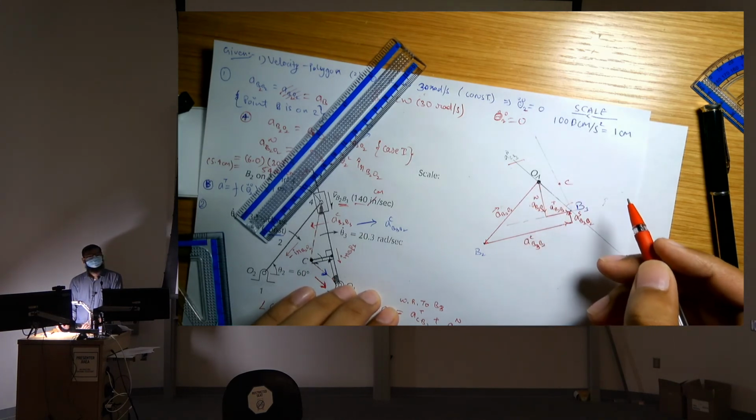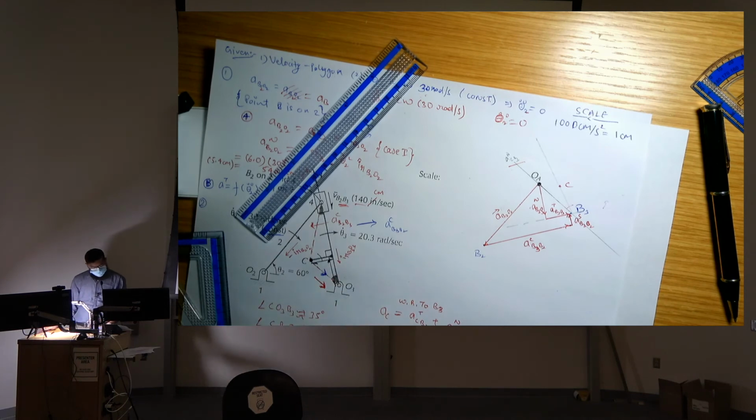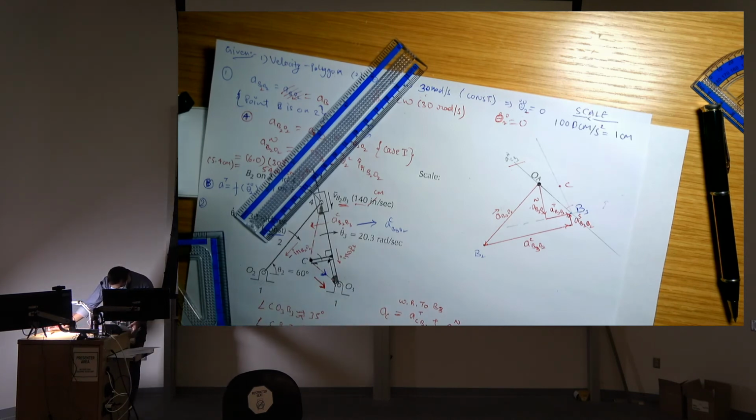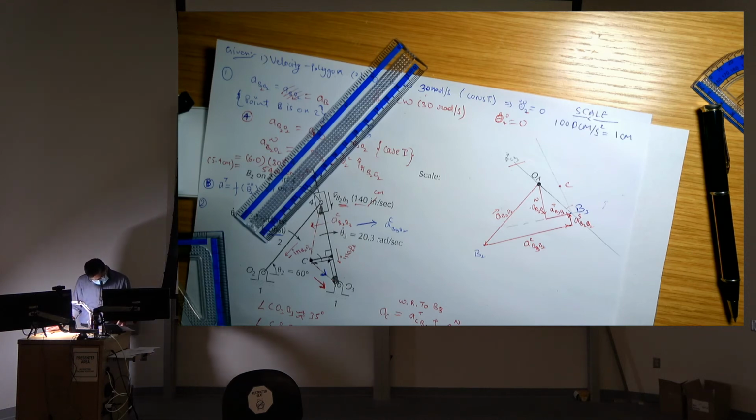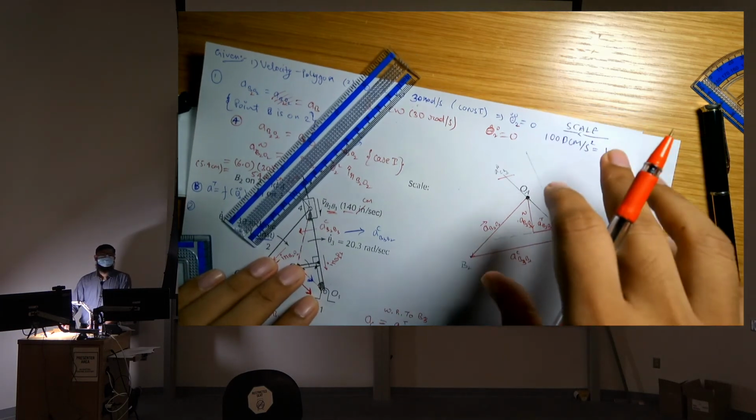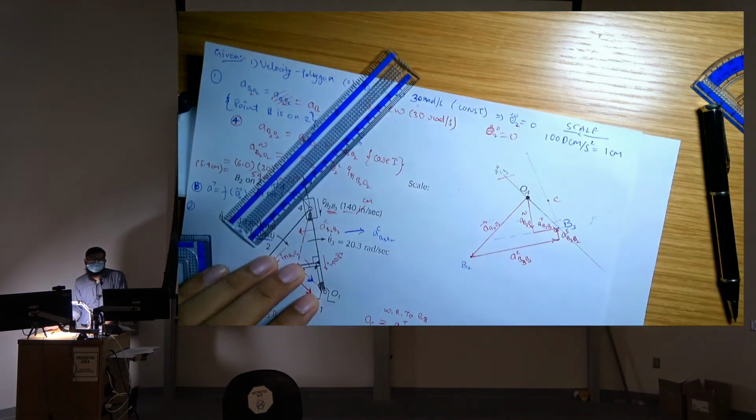We have to complete the acceleration polygon because they have asked in the question to find the angular acceleration of link 3.